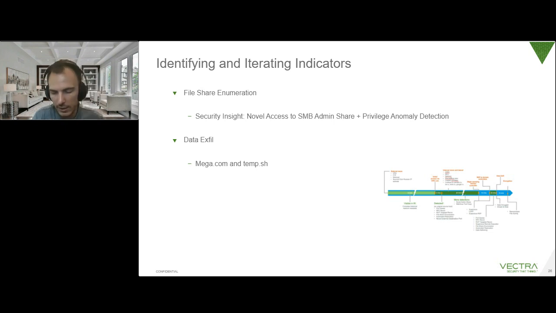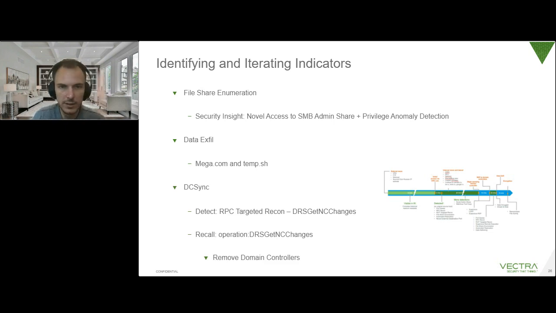I label this under DC sync. Really, this is any sort of AD information gathering, but during the replication, during these attack phases, there's a fairly common call, and we have a model that does this, right?